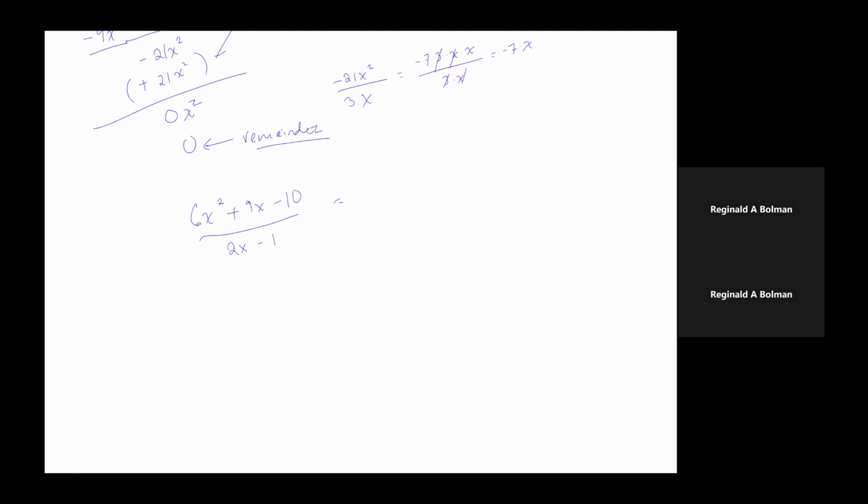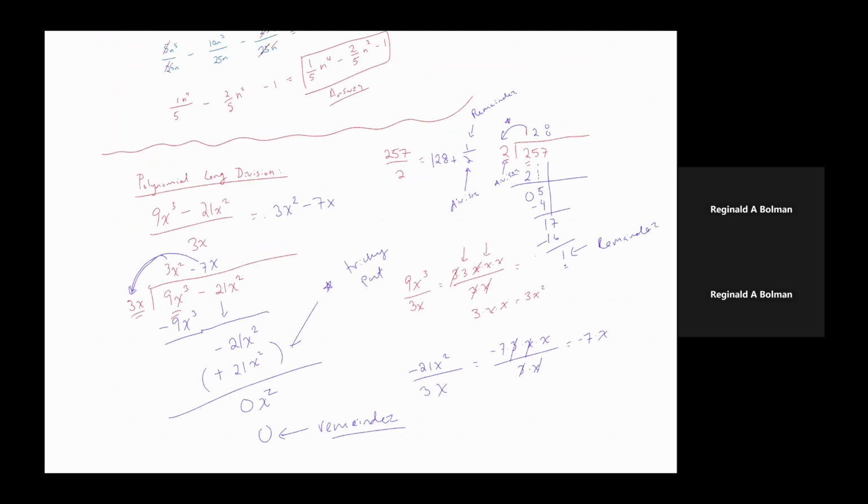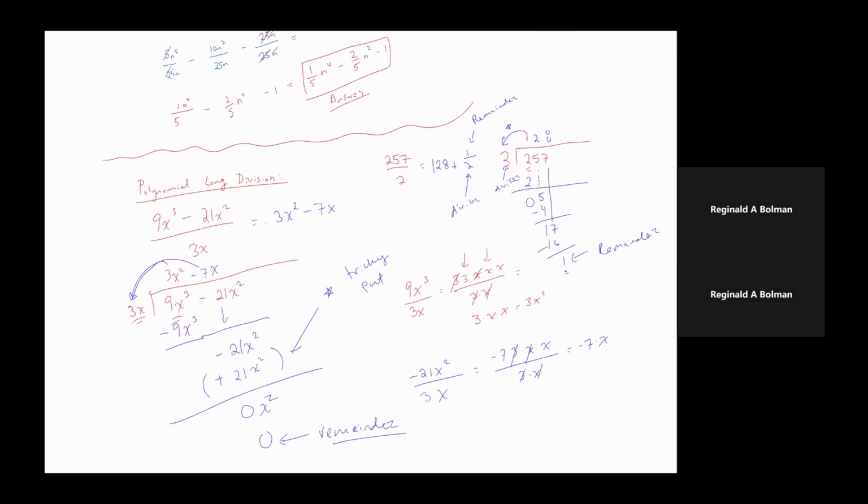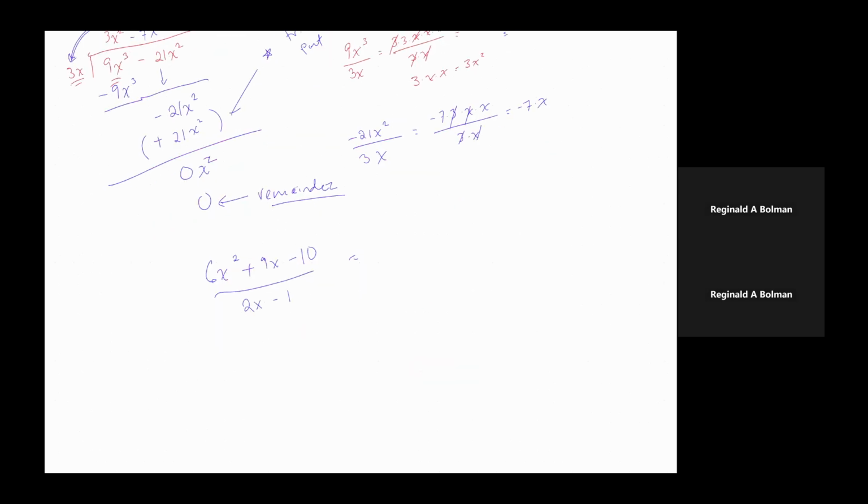It's only because we were dividing a monomial into this binomial or trinomial, and we were able to extract a GCF from the numerator, that we were then able to cancel out terms. And while there is indeed a very similar technique we could use for this trinomial 6x squared plus 9x minus 10, i.e., we could try to factor the numerator expression, we haven't discussed factoring just yet, so we obviously don't have that technique available to us.